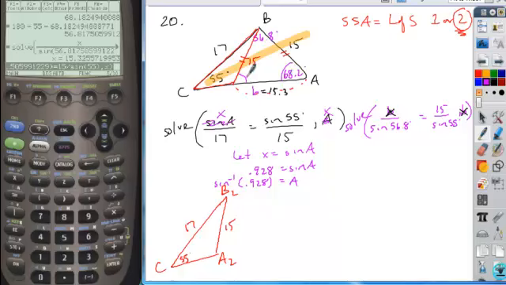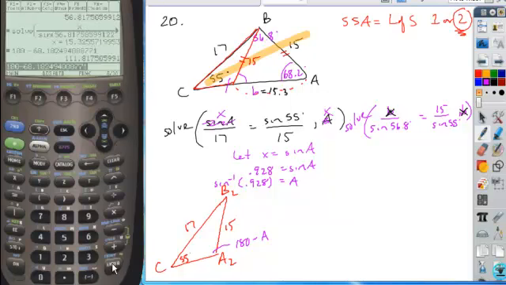So this measure is 68.2, which means the angle that we're looking for right here is going to be 180 minus the original angle A. So if I took 180 and subtracted my A value, which was 68.2, so go up and select that piece, I get my angle to be 111.8.